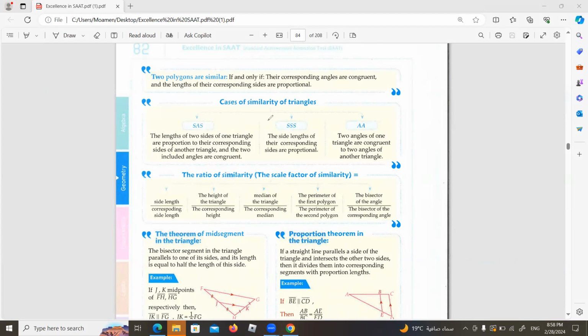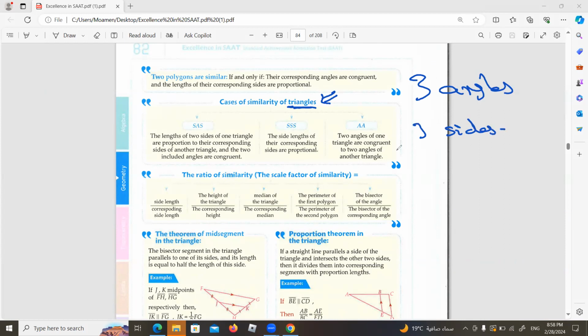Now the cases of similarity of triangles. We talked about polygons, now we'll talk about triangles. In triangles, we have 6 elements: 3 angles and 3 sides.